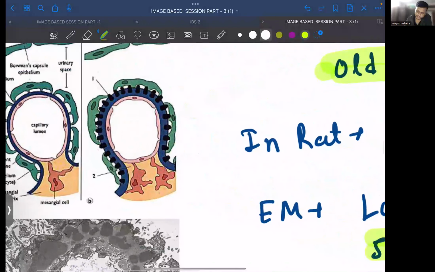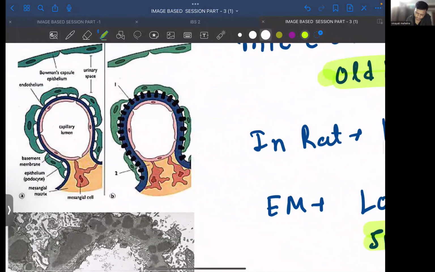Take a look over here, it looks like spikes, it looks like spike appearance. So this is called spike and dome appearance.